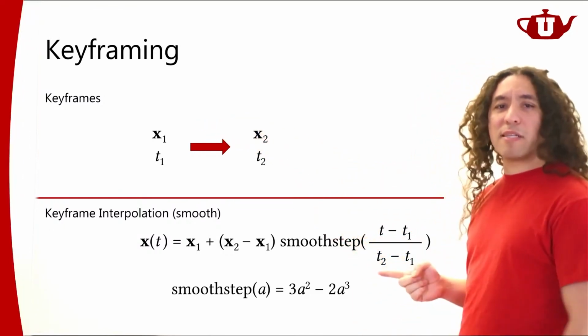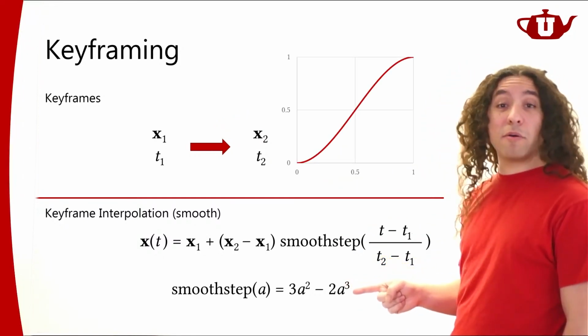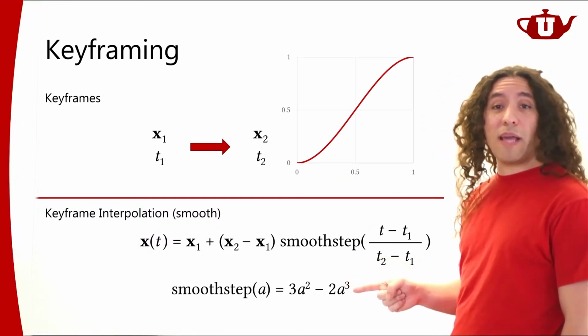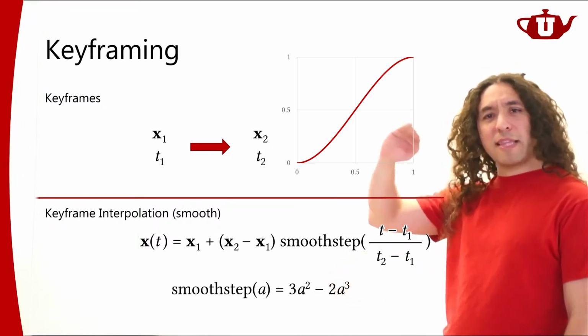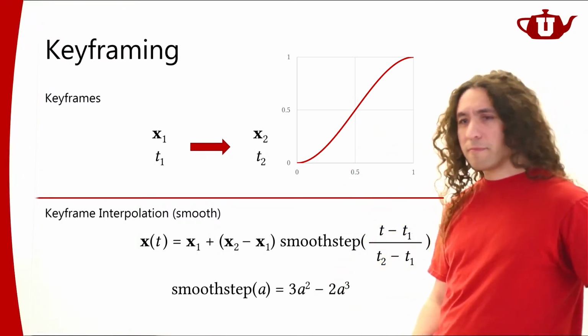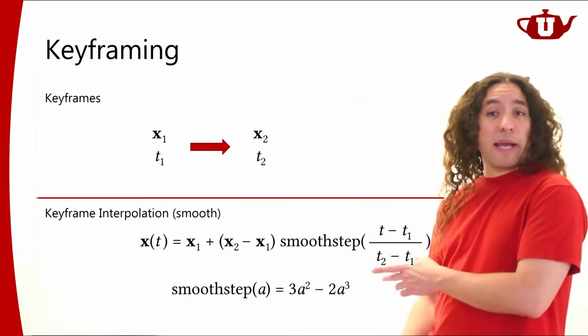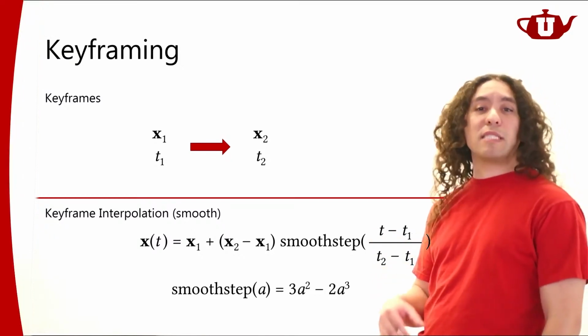And this is a typical smooth step function. There are others as well. When a is 0, this function becomes 0. When a is 1, this function is 1. So basically, it's not linear. It creates this smooth interpolation. Right. So I can use something like this, and then my motion would be somewhat smooth.